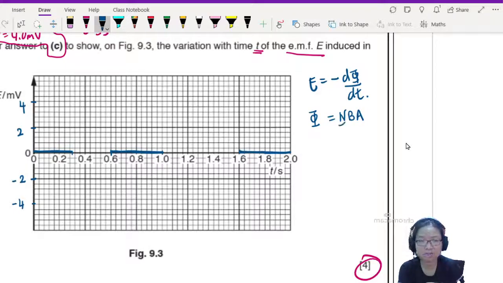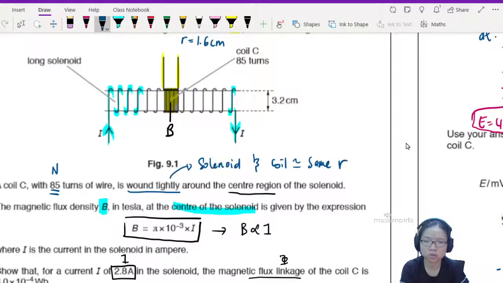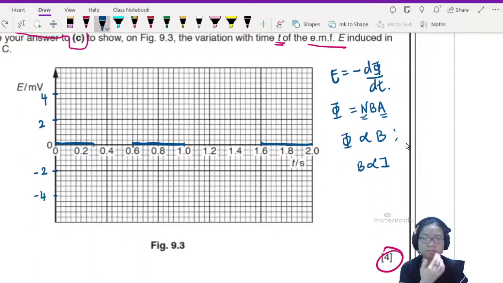In this case, the number of turns is constant, A is constant, so flux is proportional to B. If flux is proportional to B, but also B is proportional to I, you know the equation here, B is proportional to I. If B is proportional to I, then what will happen is I have the graph, right? So from here, it's like a Russian doll. I is inside B. B is inside flux.